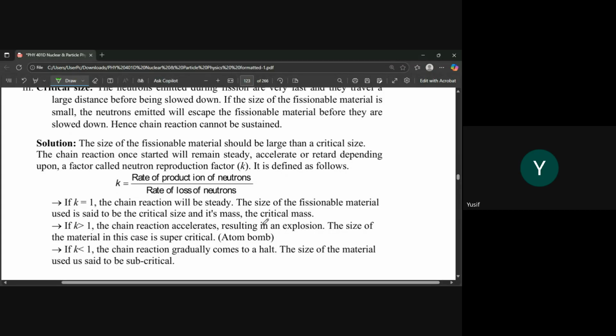And if the reproduction factor is less than 1, then the chain reaction gradually comes to a halt. If the rate at which neutrons are produced relative to the loss of neutrons is less than 1, as time goes on the neutrons will finish, and as the neutrons finish, the reaction will stop.